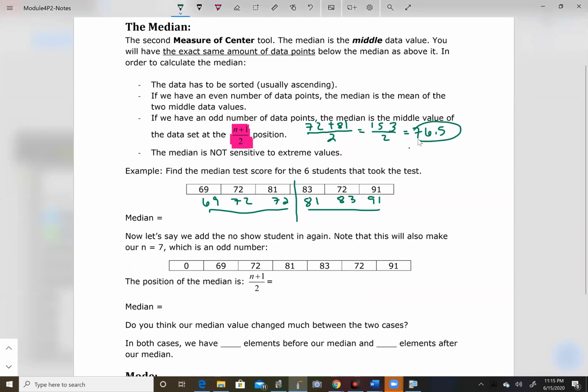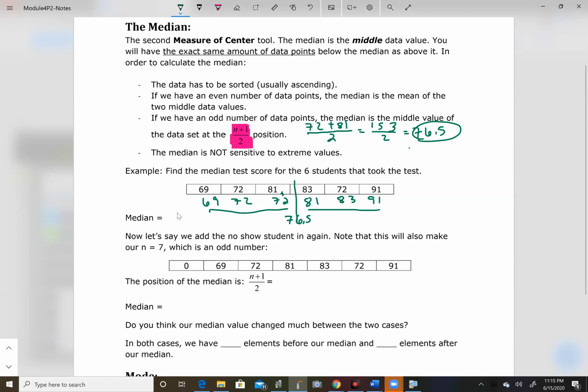If you don't want to go through finding the average of those two middle numbers, you can just figure out that 76.5 is the number exactly in between 72 and 81. So finding the mean of those two numbers gives you the number exactly in the middle of them, which is the median.